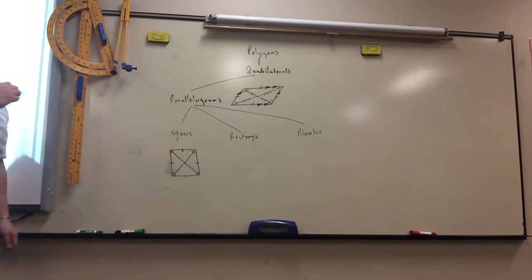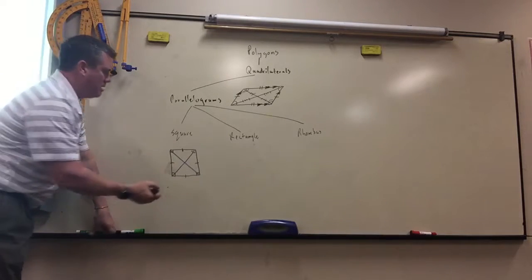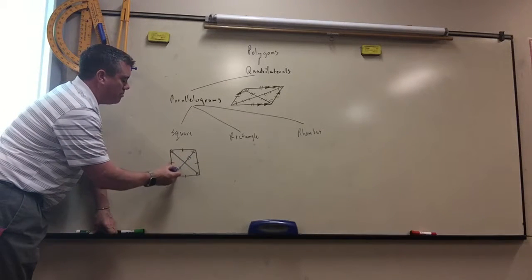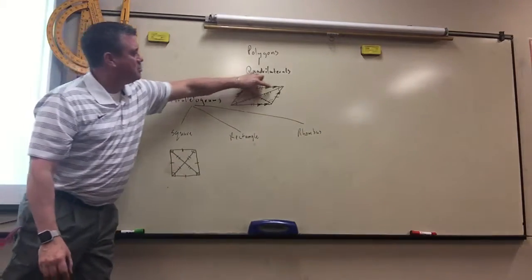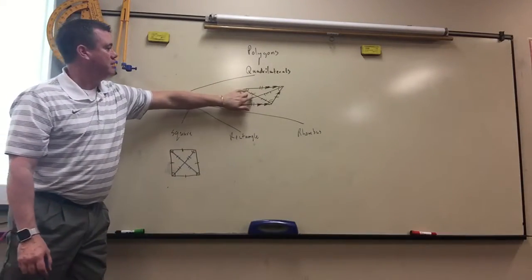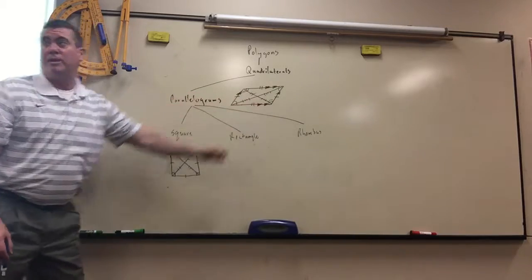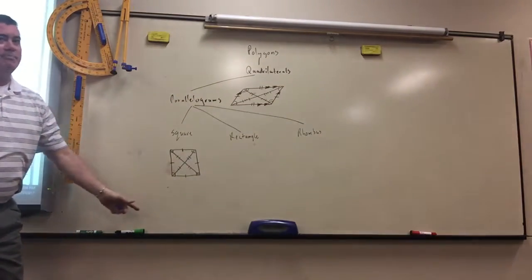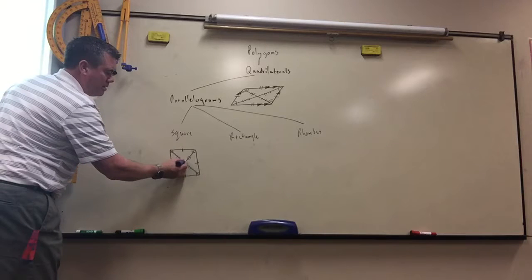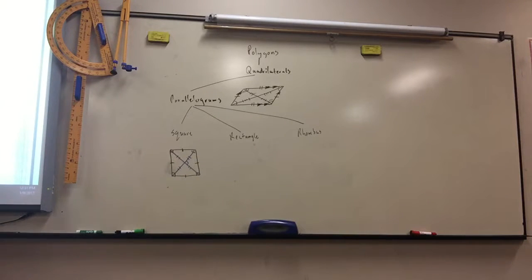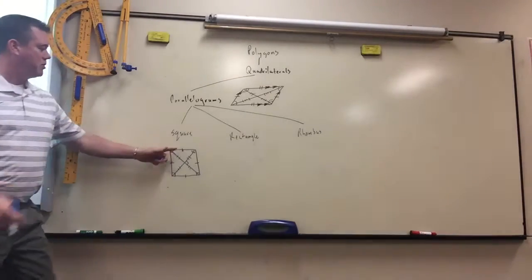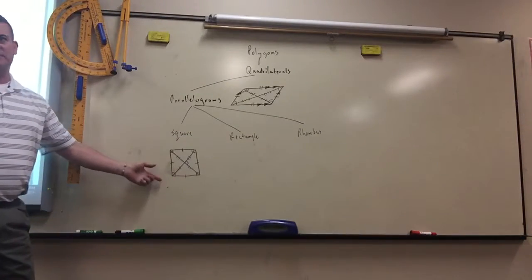The diagonals do bisect each other, but all 4 pieces will be the same length. So like in here, this equals that and that equals that. You can tell all 4 of these are not the same. In a square, they will all be the same. And they'll be perpendicular to each other. So there's 2 extra things in a square. Well, actually 3 because all 4 sides are the same.